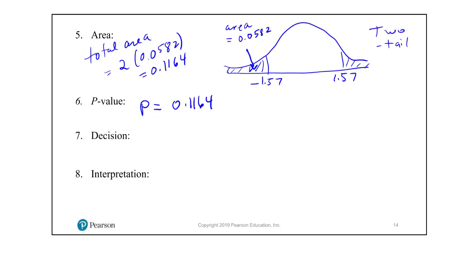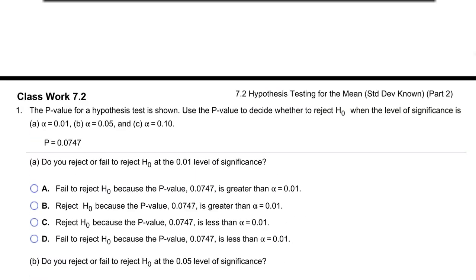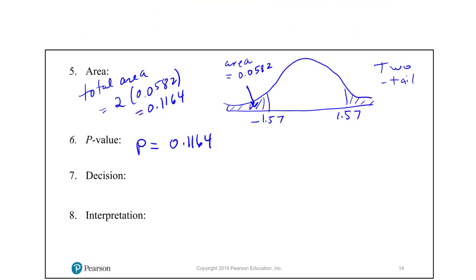Okay, so now that we have the p-value, we can do the decision. The decision is when we compare p with alpha. Remember, alpha was 0.05, so we're comparing 0.1164 to 0.05, the p with the alpha.